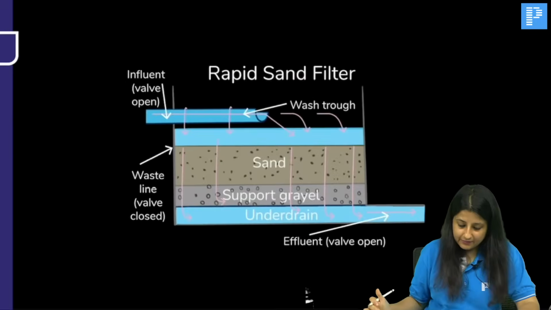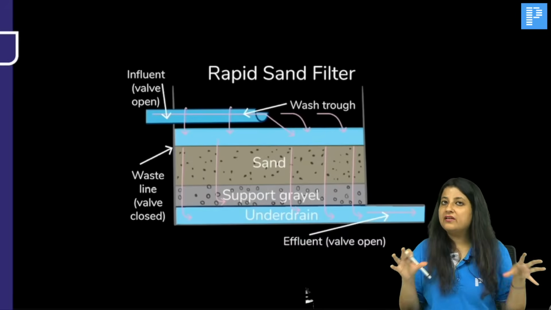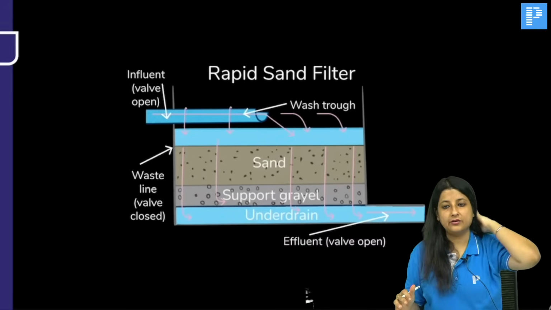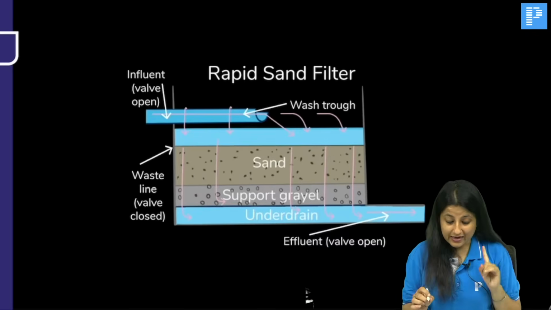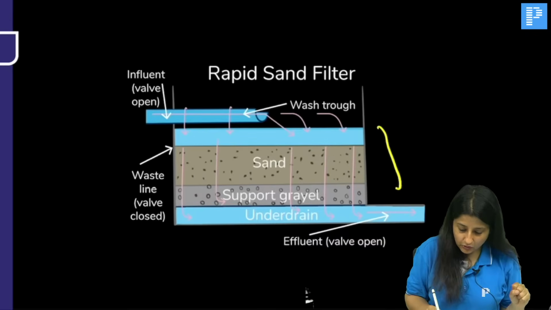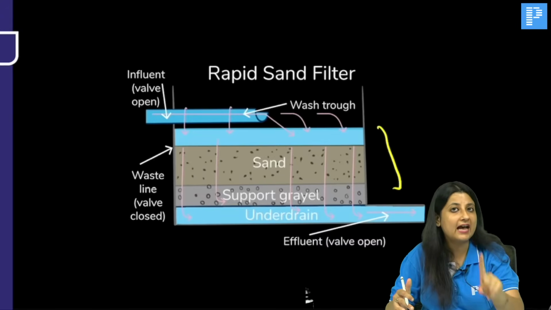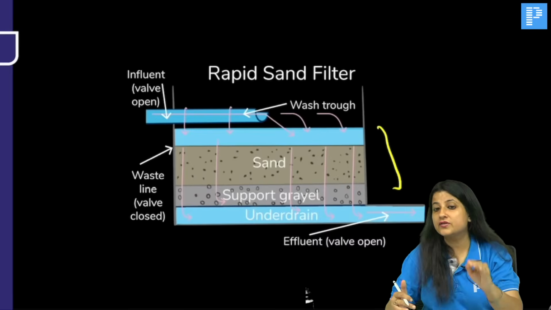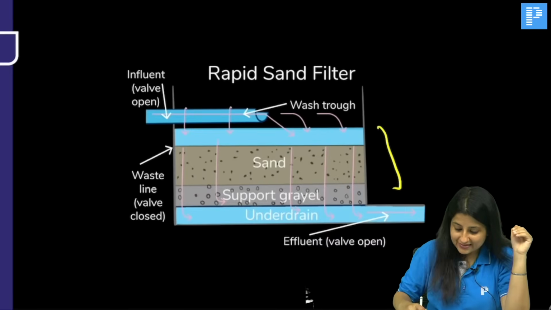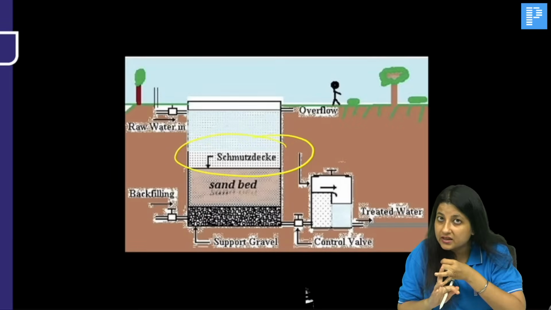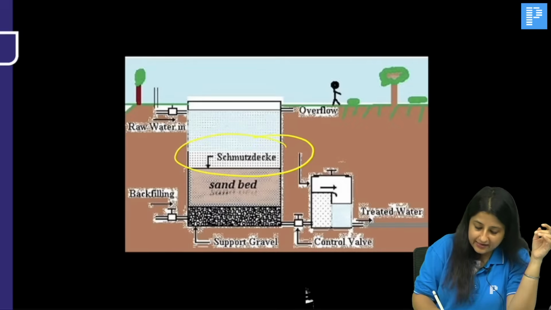Okay, tell me this one. I'm just going to give out the image of rapid and slow sand filter. Difference you can check out from the videos, guys. If you talk about rapid sand filter, you will know it's working under mechanical, gravity and all those things. So it does not have the vital layer, which is the Schmutzdecke layer. You can see the Schmutzdecke layer or the vital layer or the biological layer or the Zoogleal layer in which one?